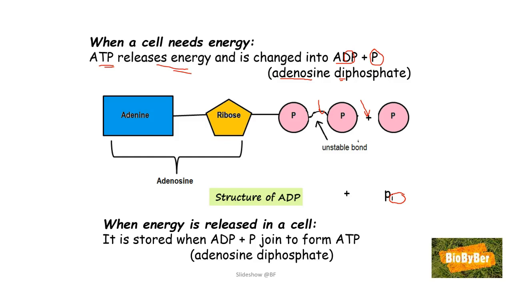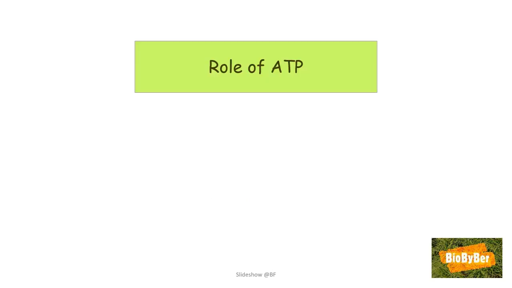Now, when energy is released in a cell as a result of chemical reactions, we have to have a way of storing it for future use. So it can be stored when ADP combines with a phosphate to form ATP again, and we are basically back where we started.